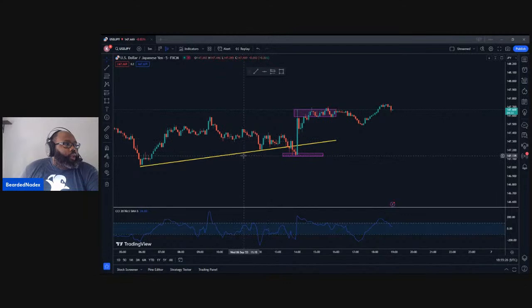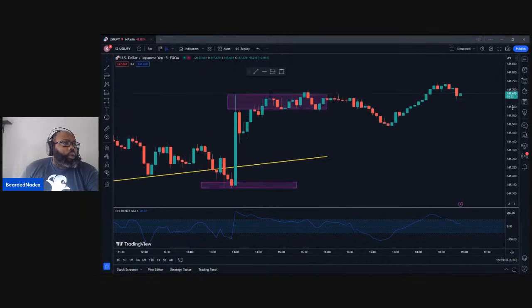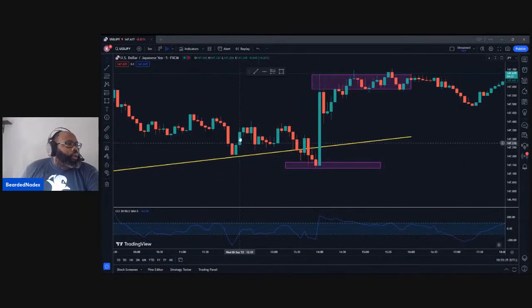There were no more wicks beforehand, so we got in right here at the body, and it came down and responded. Let's zoom in on it and see what the market is doing. So boom, boom, boom, beautiful support. Big candle break, resistance, big candle break up, big candle break down.